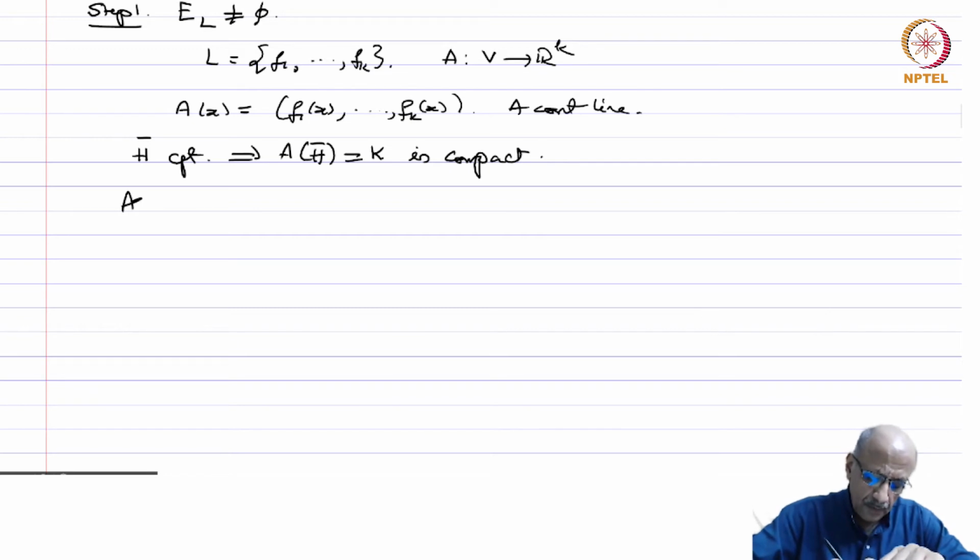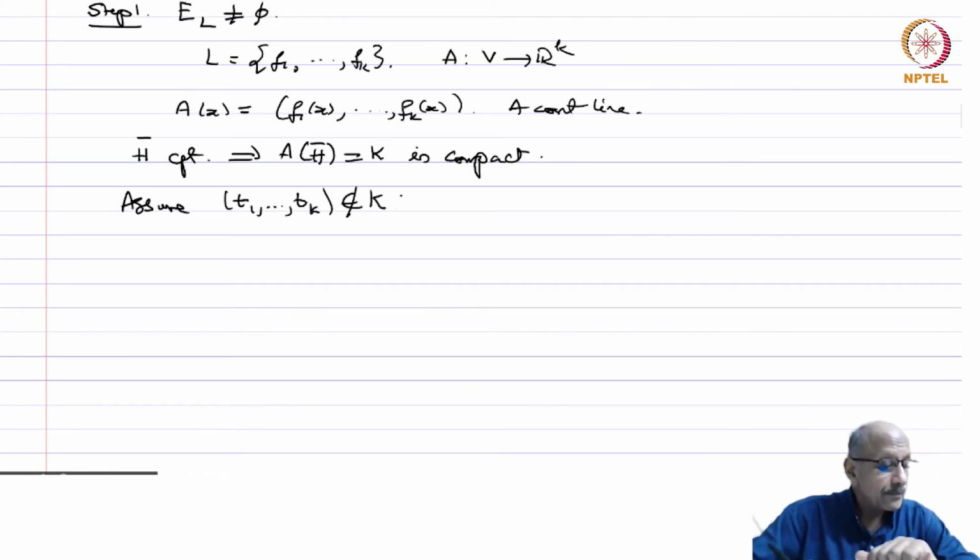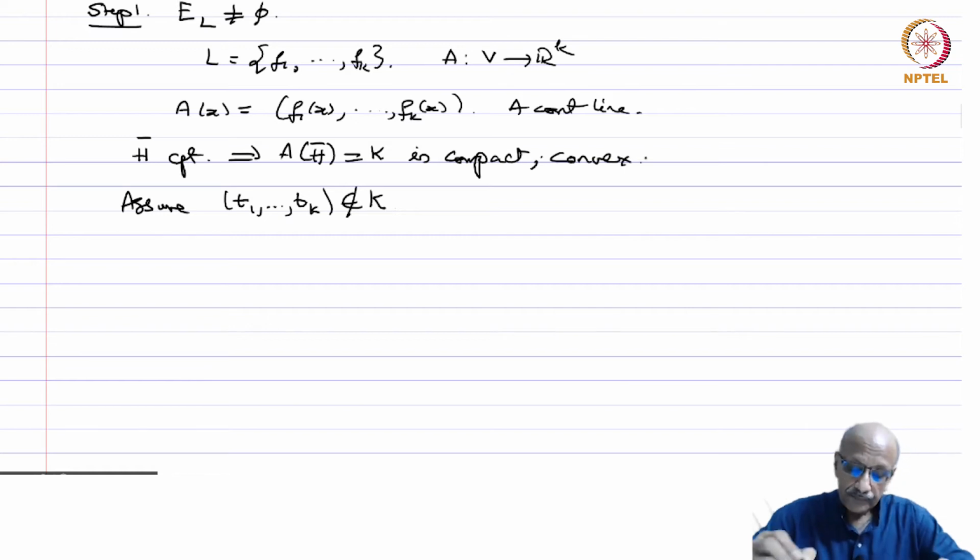So assume there is a vector (t_1, ..., t_k) which is not in K. So I have a compact set, and this is also because H closure is convex and A is linear, therefore this is also convex. So K is a compact convex set. The point (t_1, ..., t_k) is a singleton, which is also a compact convex set if you like.